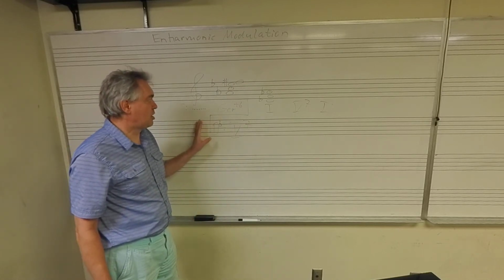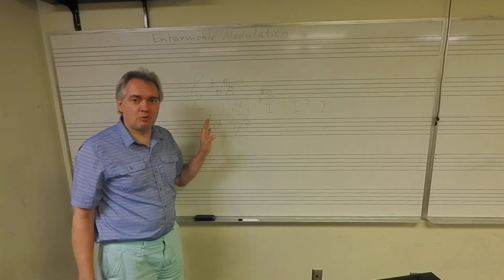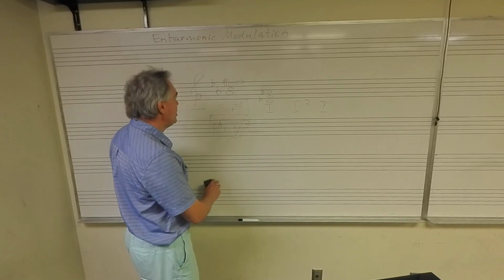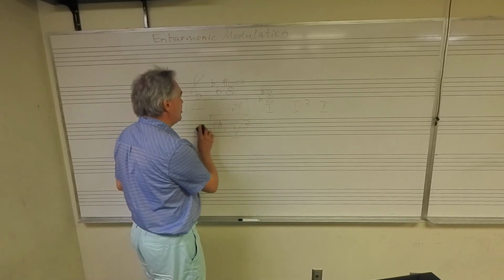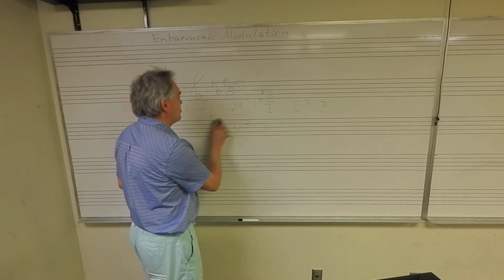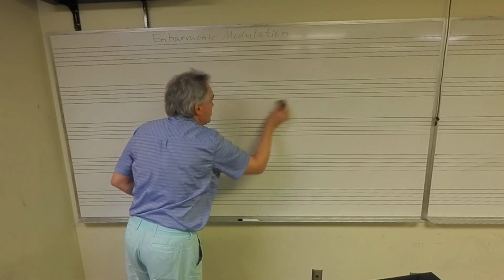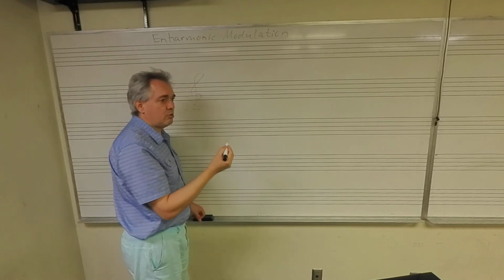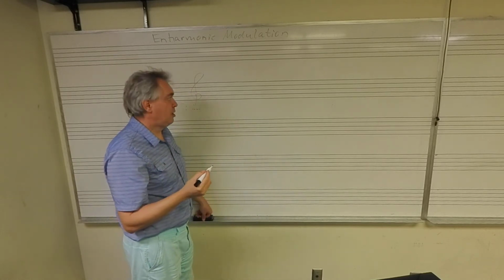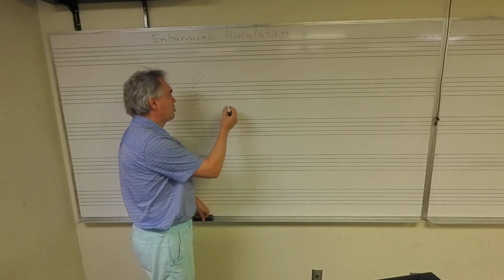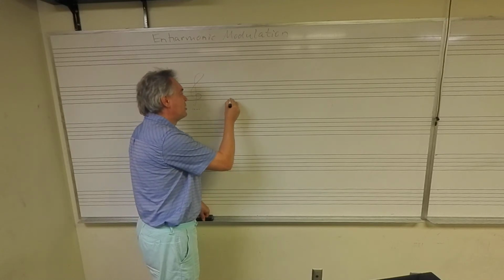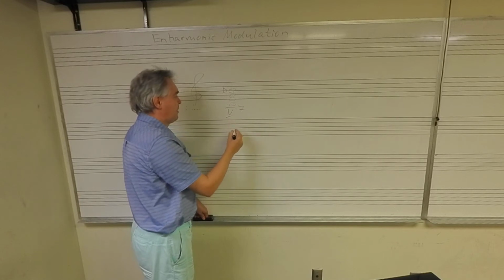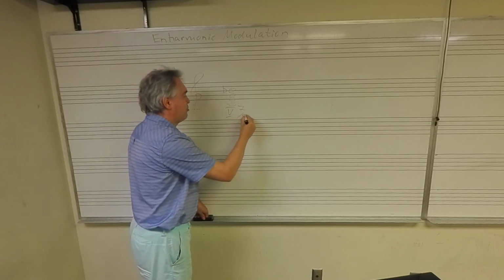We can of course do the reverse thing. If we start in the key of C, we eventually go to a dominant, which could be the regular dominant or even a secondary dominant, such as a 5/7 of 4.